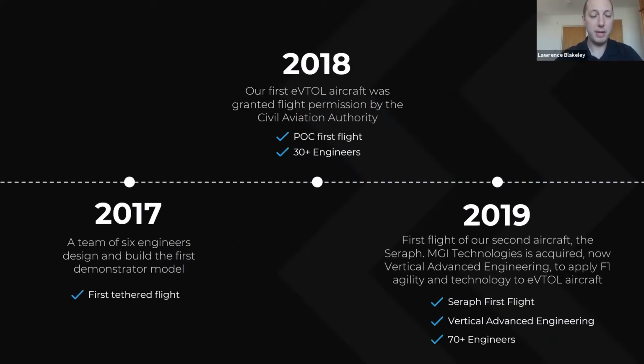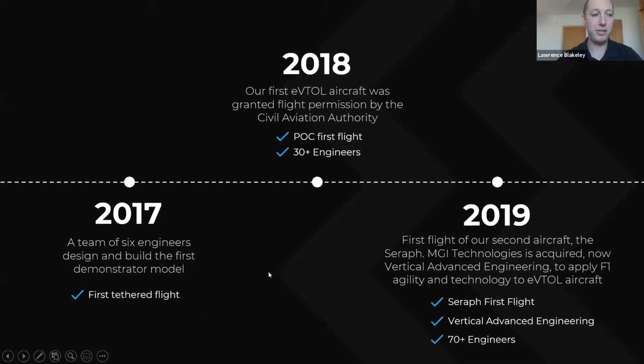Now, Vertical Aerospace started out really as six guys in a shed. It's almost a stereotypical kind of start point for this type of company, where it was 6 people playing around with whatever technology was available at the time, and the output of that was what we call the proof of concept, the POC.